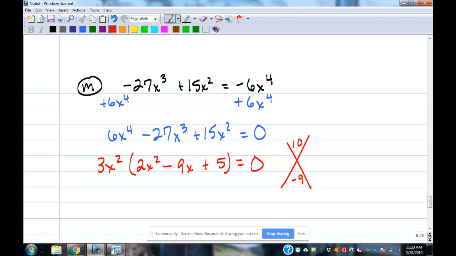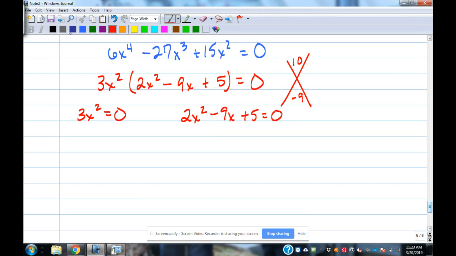Can we still solve it? Yeah, you can set that equal to 0. We're going to set each of these factors equal to 0. 3x squared equals 0, and then 2x squared minus 9x plus 5 is equal to 0. The left one here, divide by 3. 0 divided by anything is 0. And then we take the square root of both sides.